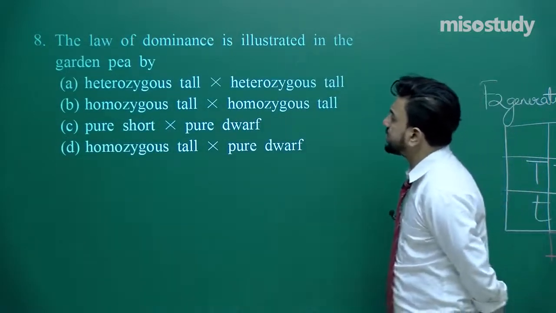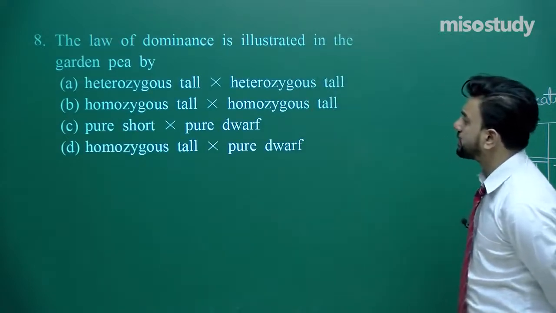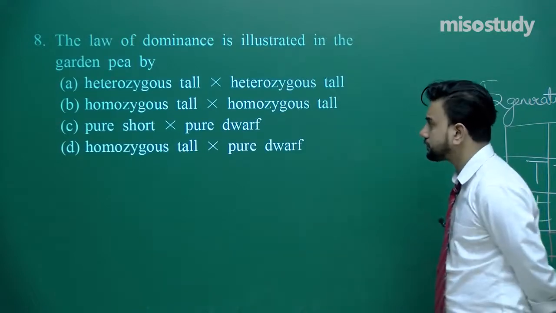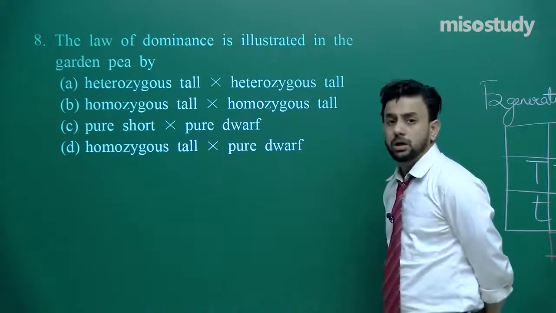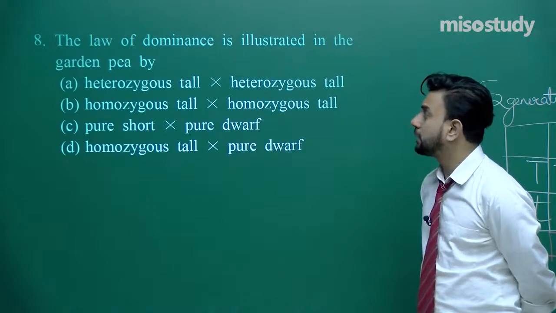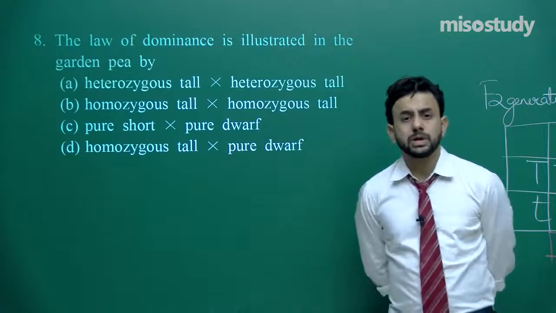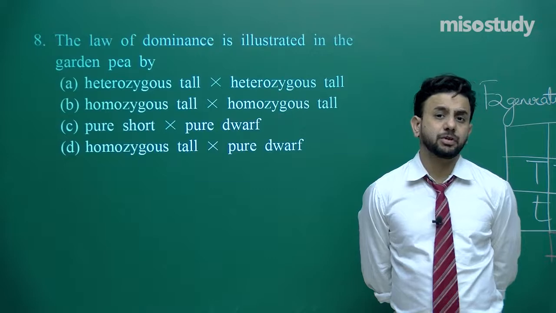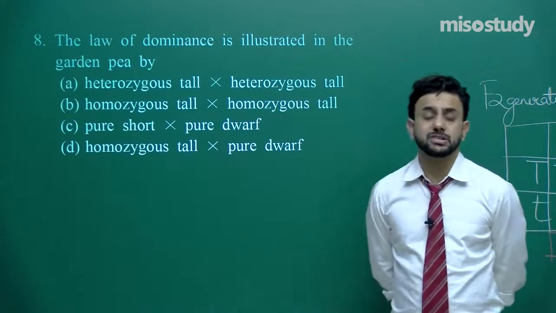The law of dominance is illustrated in the garden pea by the heterozygous tall into heterozygous tall, the homozygous tall and the homozygous tall, the pure short and the pure dwarf, and the homozygous tall and the pure dwarf. What we did just now for the dwarf, for the tallness in pea plants, is absolutely the same thing as what is asked in this question.